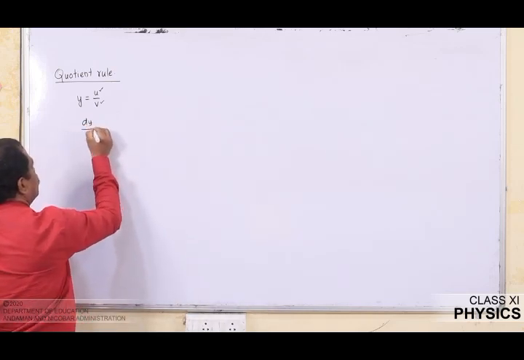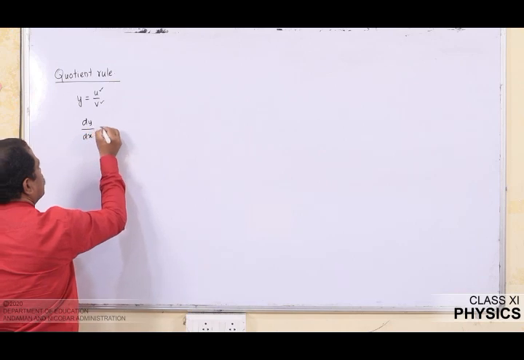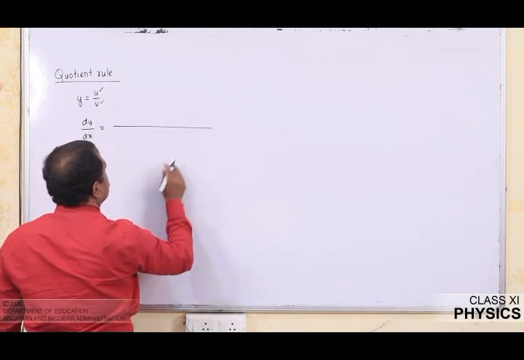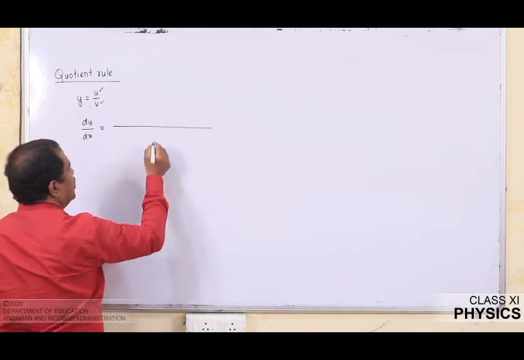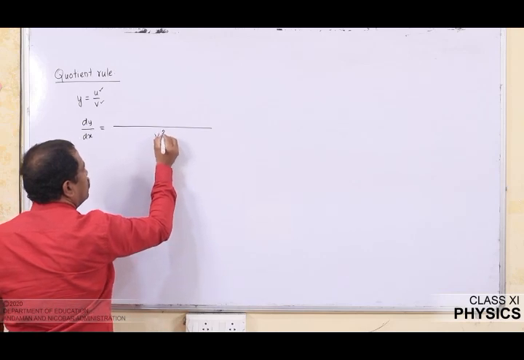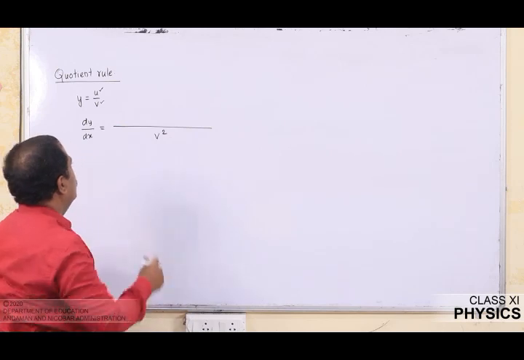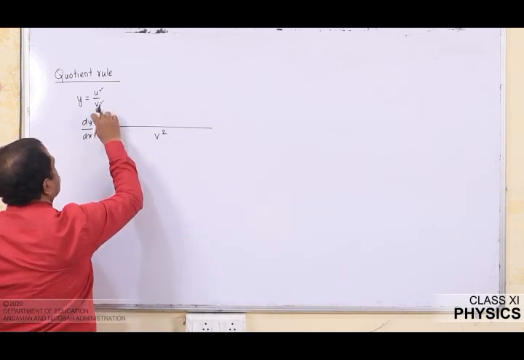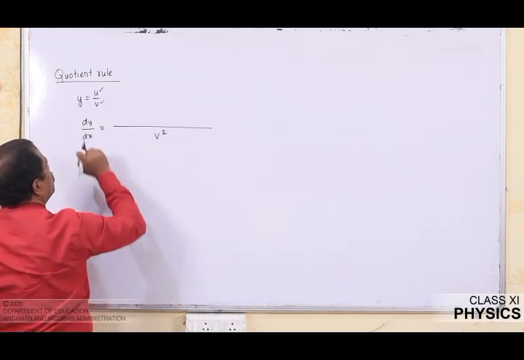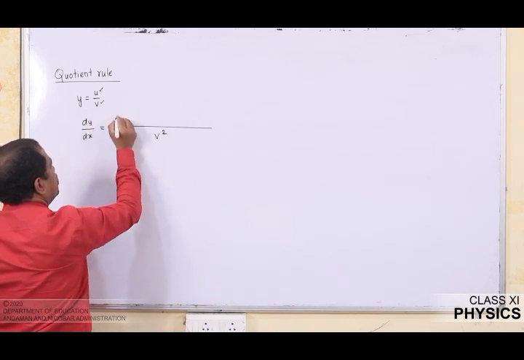I am writing dy over dx is equal to, whatever the function that I have at the denominator, I am going to write v square, that means denominator square. At the numerator, first I will differentiate the numerator, however I am going to keep the denominator same.